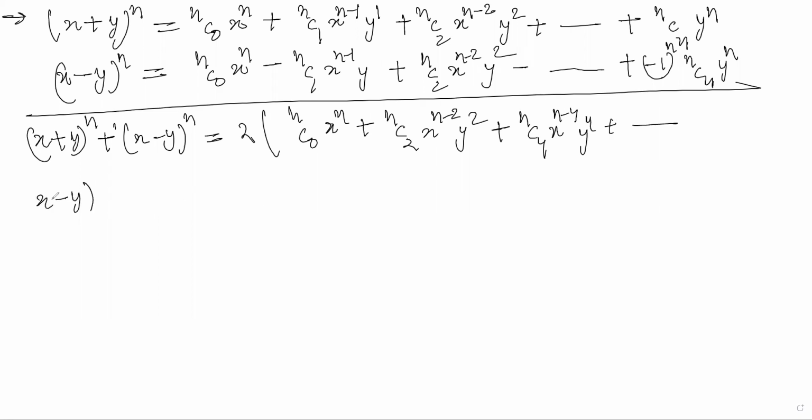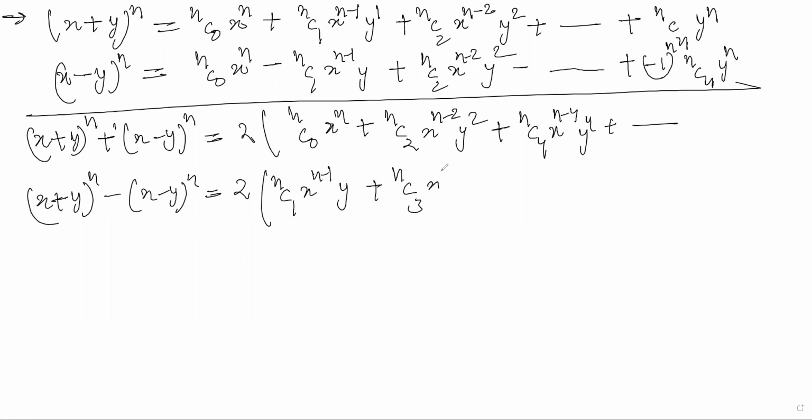And if we subtract them, then the terms with the same sign will get cancelled out, and we are left with nC1 x to the power n minus 1 into y plus nC3 x to the power n minus 3 y cube plus nC5 x to the power n minus 5 y to the power 5. So we can also add or subtract these two expressions.